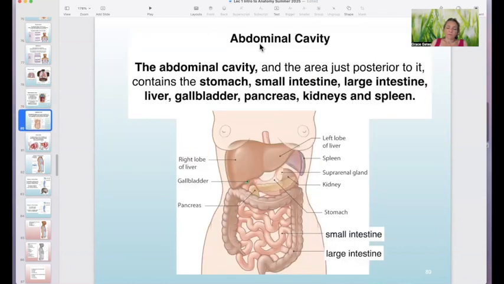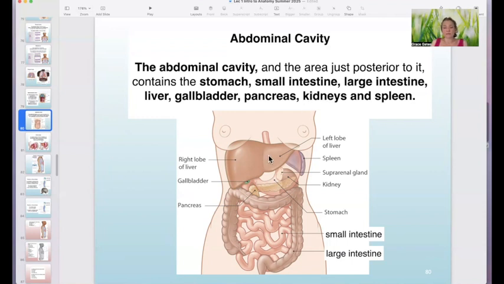And now, talking just about the abdominal cavity and the area just posterior to it, there is within the abdominal cavity the stomach, the small intestines, the large intestines, liver, gallbladder, pancreas, kidney, and spleen. Some of these organs, as we will learn, are actually behind a membrane.